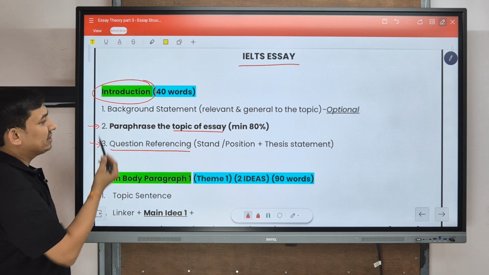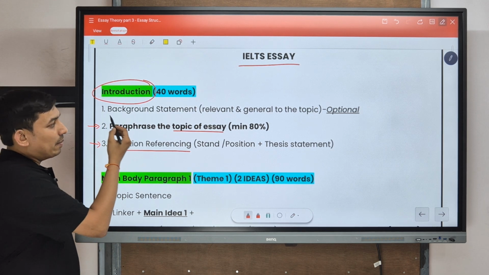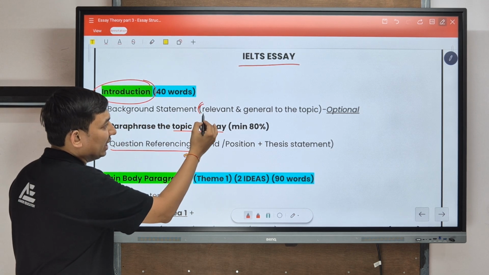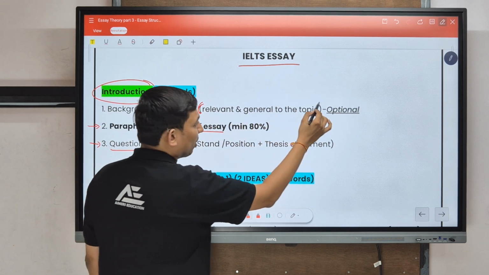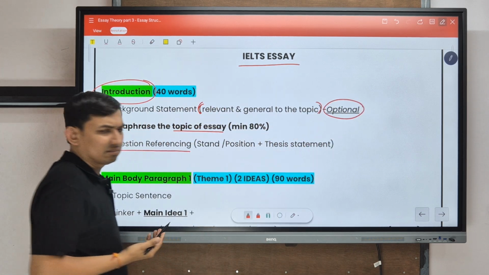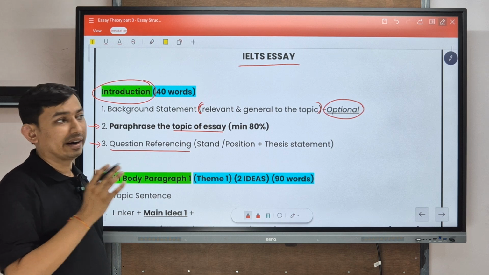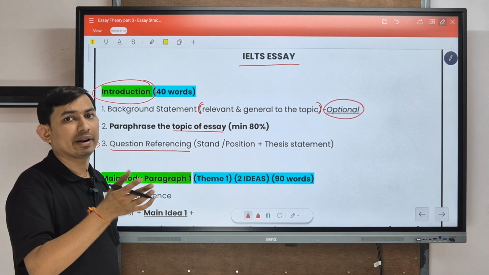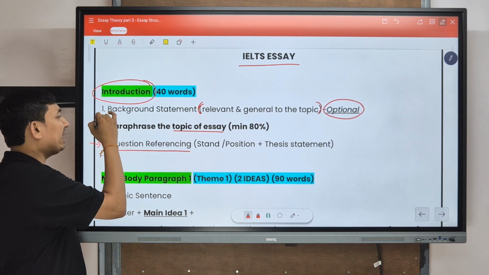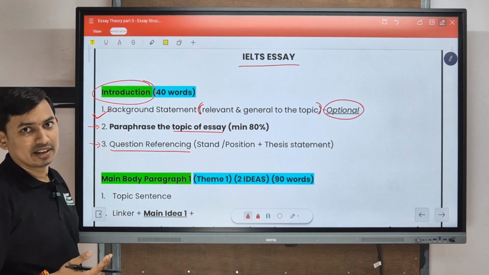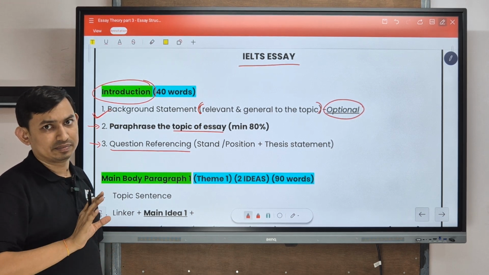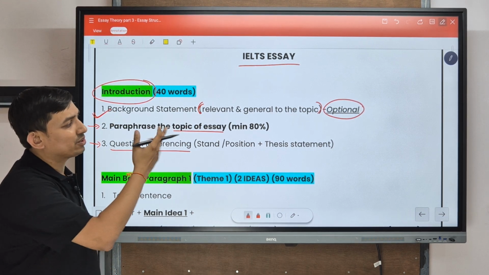In introduction, it is written that the first thing is background statement, but it must be relevant and general to the topic, but it is optional. Why like that? Because sometimes whenever you read a sample answer online or from a reference book, at that time you can find this in some answers. So you should not worry about this because it is optional.